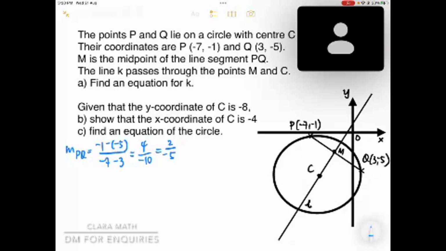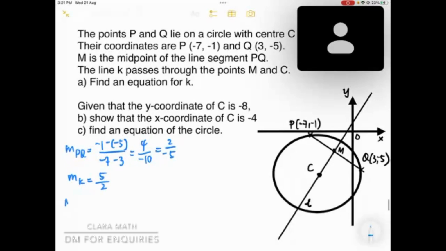Which means the gradient of the line K is 5 over 2. You can just flip it and change negative to positive. Then we need the center. We don't have the center, so we find the midpoint. The midpoint, M, is the x values added up and then divided by 2. Then the y values added up.